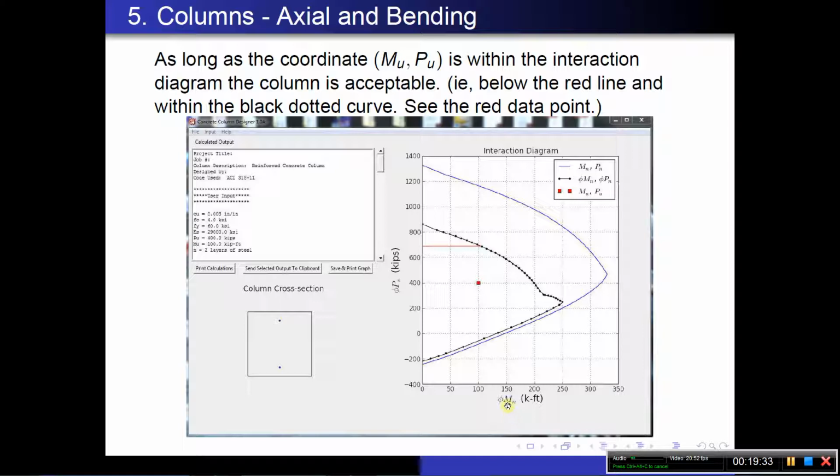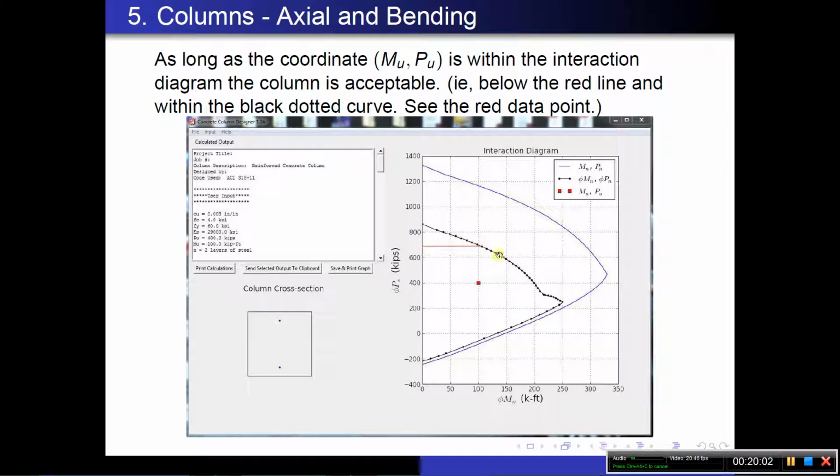And the goal is that your M sub u, comma P sub u, which is a coordinate on this graph, and perhaps it ends up right here as this red dot, does end up inside this black dashed line, and it is below this red line.